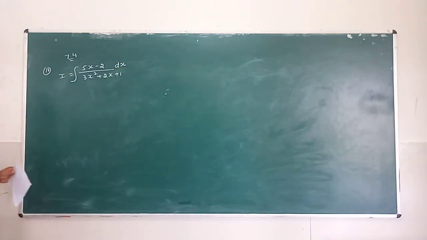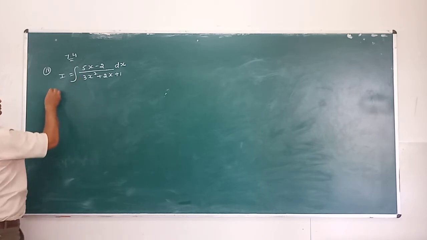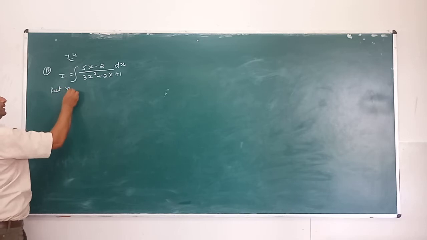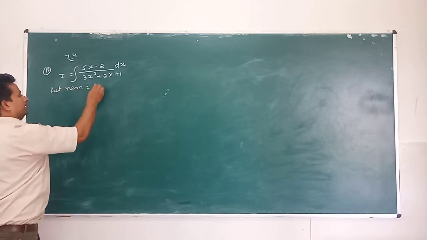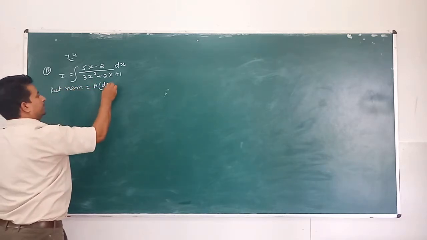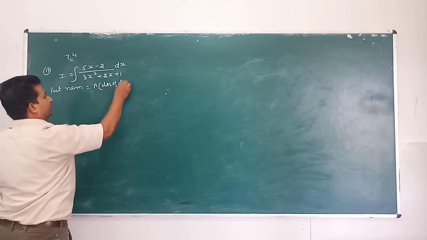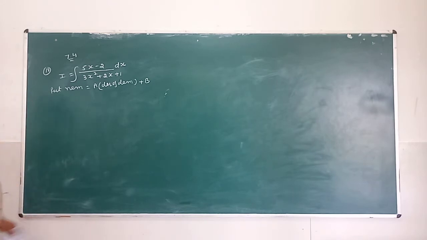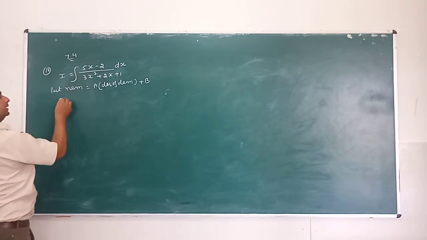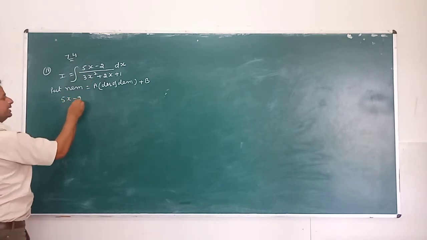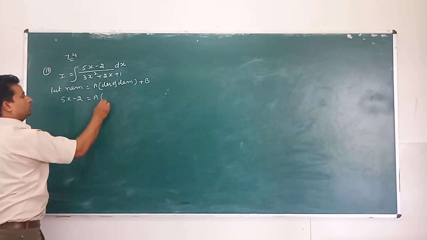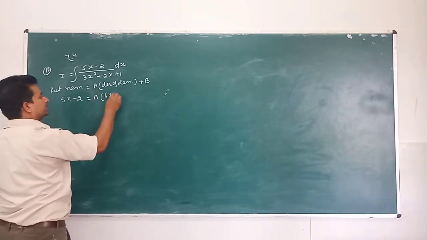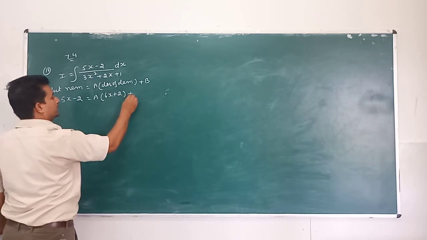In this question we apply a simple method: put numerator equals a into derivative of denominator plus b, where a and b are constants. So the numerator is 5x minus 2, equals a into (6x plus 2) plus b.